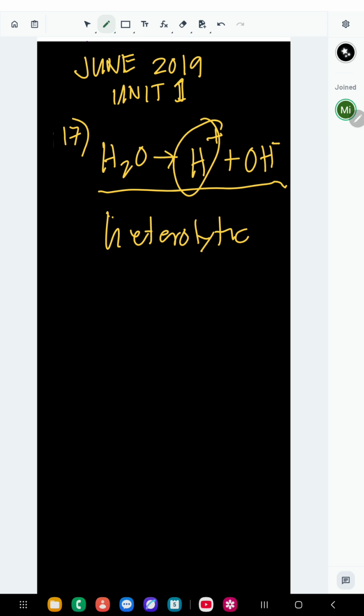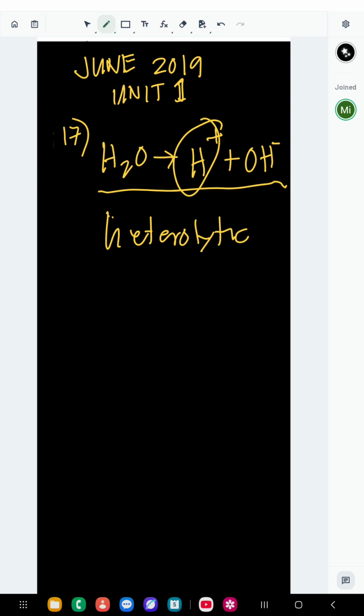What reagent and conditions are used for this conversion? Okay, potassium manganate 7 in aqueous acid, sodium hydroxide in dilute aqueous solution, steam and acid catalyst, steam and nickel catalyst. So how do we do this? We're given here the structure of hydrocarbons.